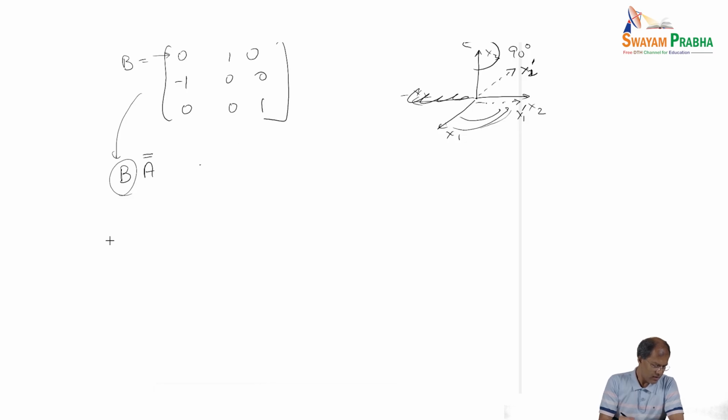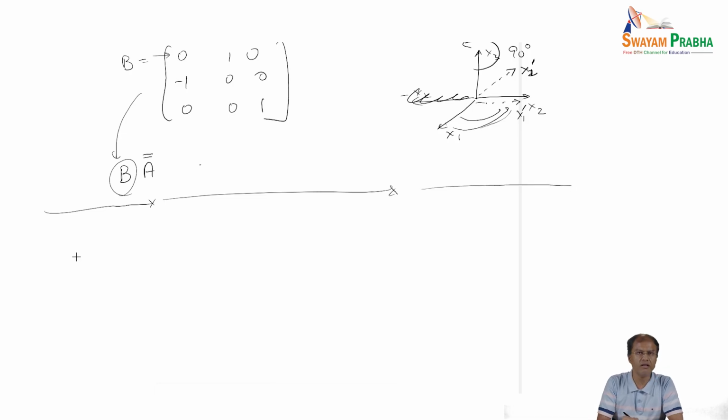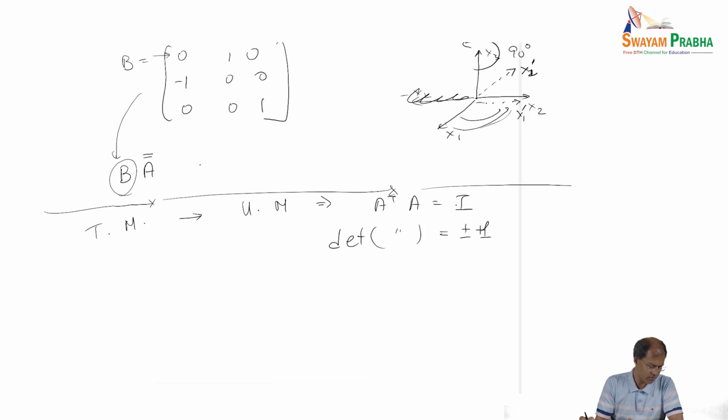I want to highlight that whenever we talk about transformation matrices, these are all unitary matrices, which means that A transpose A is identity, and if we find the determinant of A transpose A, it will be plus 1 or minus 1.